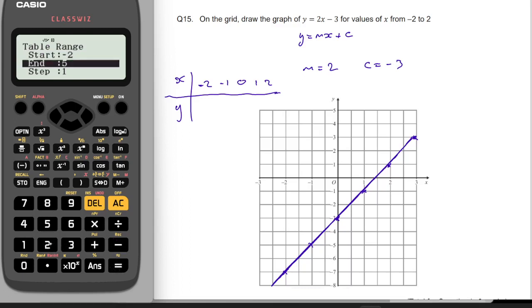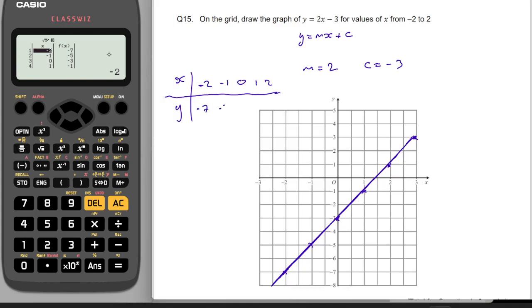My end value is 2, and I'm going in steps of 1. So that tells me when x is minus 2, y should be minus 7, minus 5, minus 3, minus 1, and 1. And then you can double check this. So minus 2, minus 7, minus 1, minus 5, 0, minus 3. So that works fine.